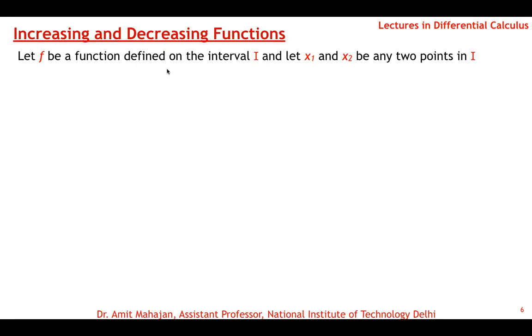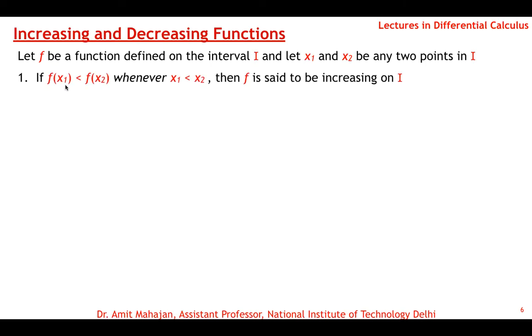Let f be a function defined on an interval I, and let x1 and x2 be any 2 points in the interval I. Then if the function value at x1 is less than the function value at x2, whenever x1 is less than x2, then f is said to be increasing on I. So if x2 is greater than x1, that means on the real axis, if there is a point which is greater than the previous point, then the function value corresponding to x2 is greater than the function value corresponding to x1.